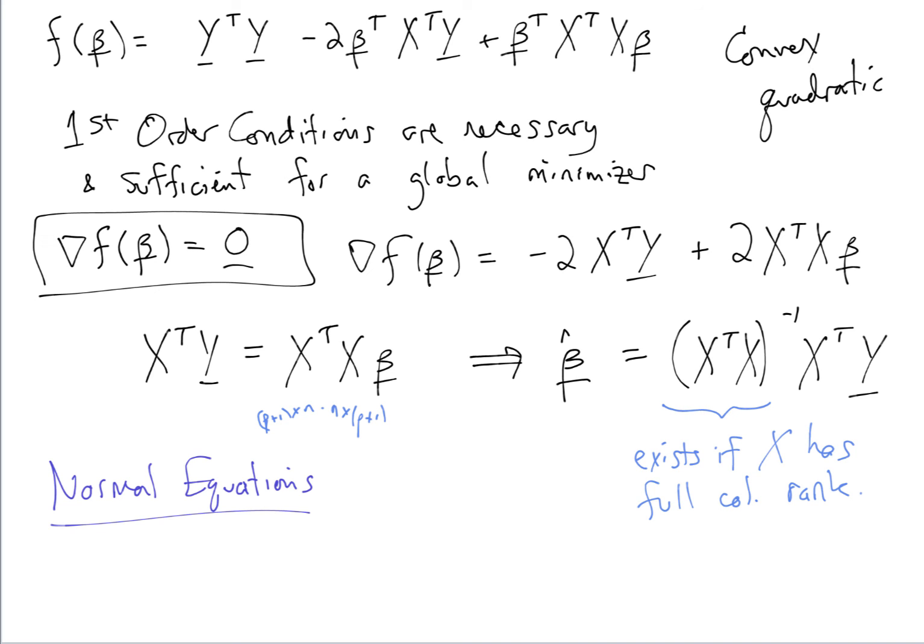Now we do give a name here for some of this. And we give that name when we rewrite this in terms of the actual fit. So our fitted values for our regression can be written as y hat equals X times beta hat. Let's go back to our original vectorization of the problem.